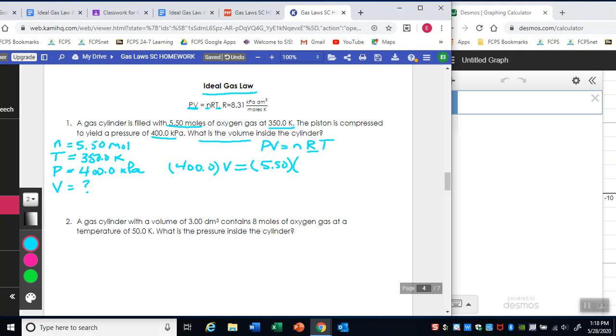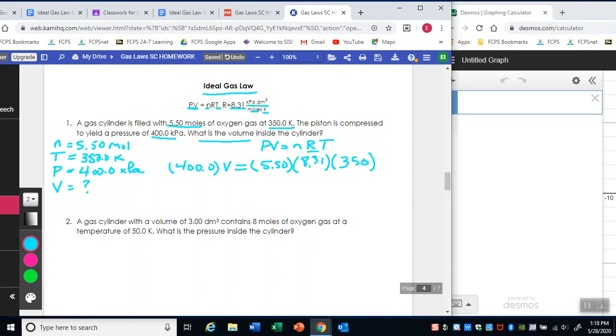Here's my constant. Because I'm using kilopascals, cubic decimeters, moles, and kelvins, I'm going to use this constant of 8.31. And the temperature is in kelvins, which is great. I don't have to do any conversions, so 350.